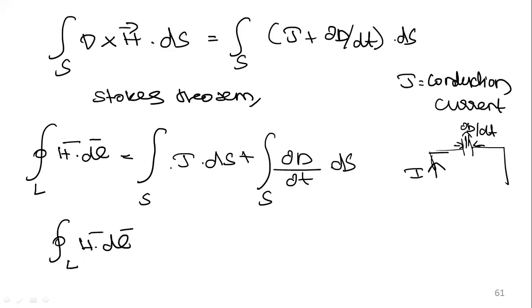So we have studied the integral of J dot ds, that is current density over the surface, that is equal to current only, because J is equal to I by ds, so it is I only, plus integral over S of dou D by dou t dot ds.